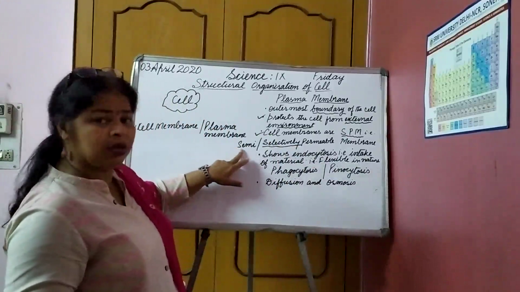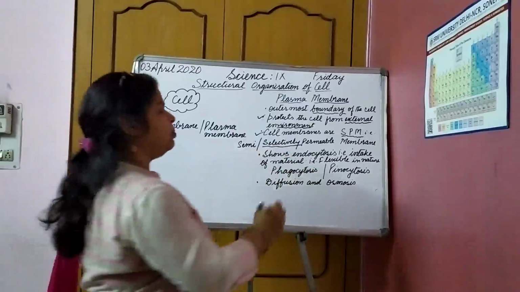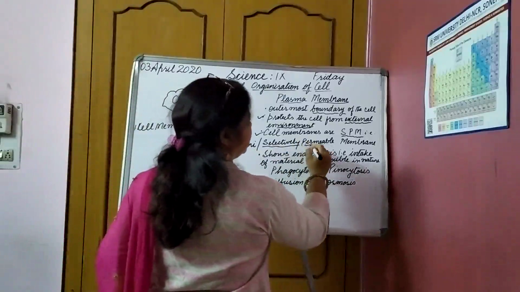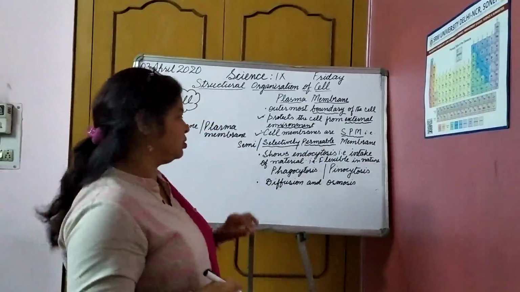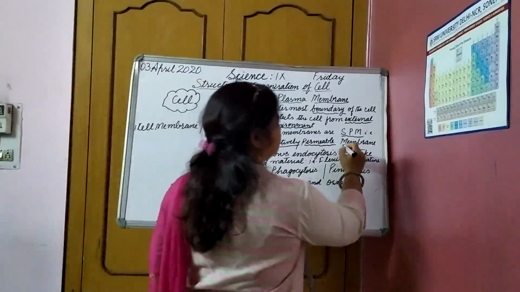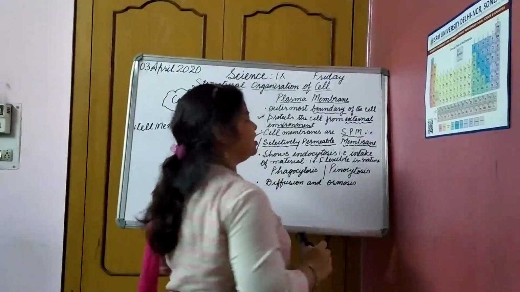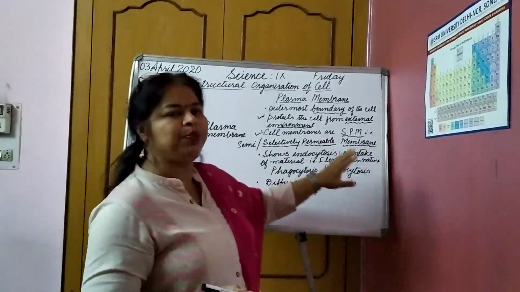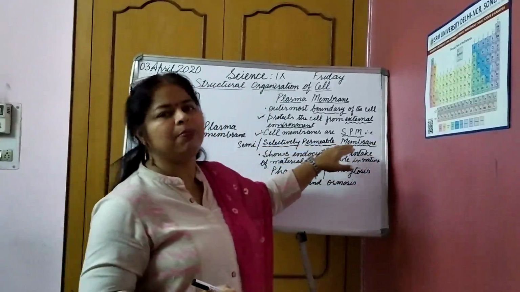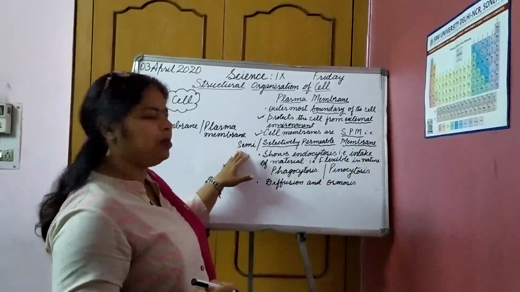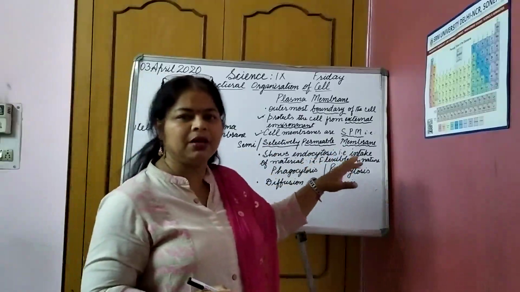Permeable, what does it mean? It allows, gives permission. The cell membrane or plasma membrane is SPM. SPM means selectively permeable membrane, or we can say semi-permeable membrane.